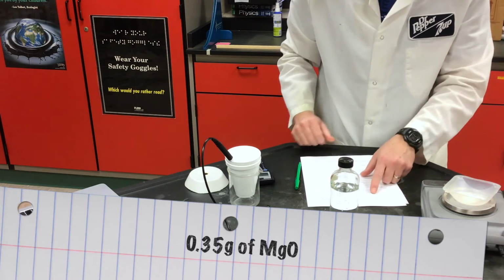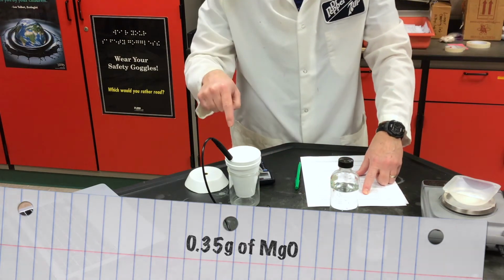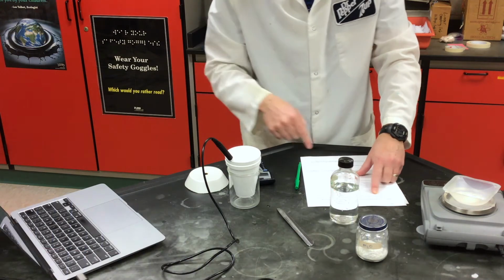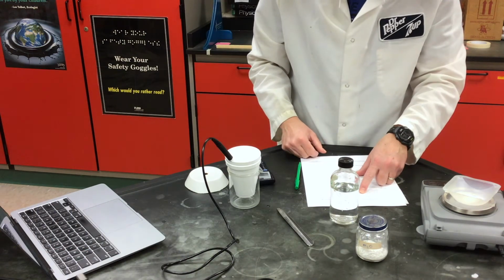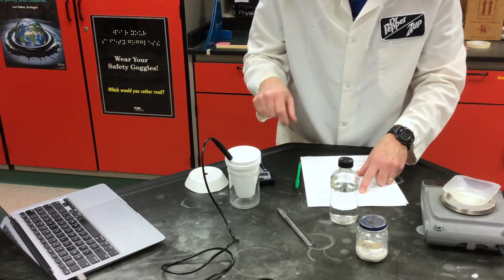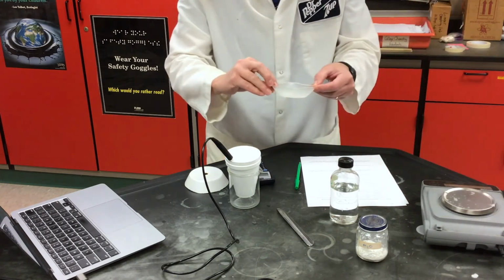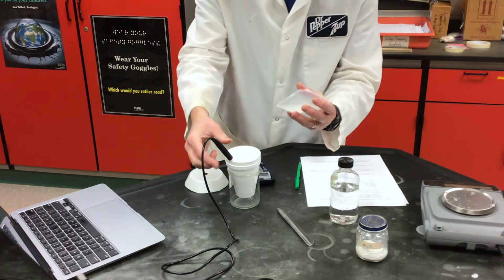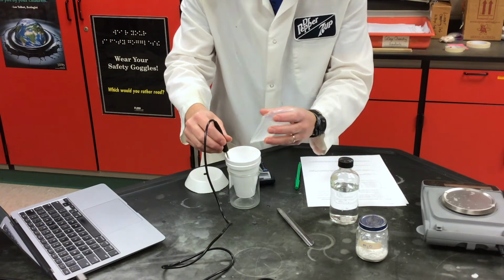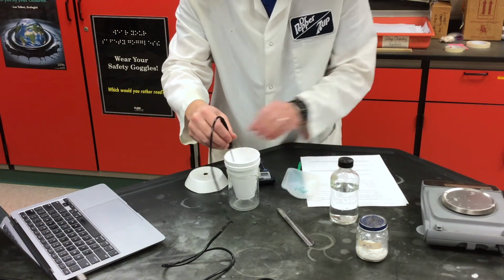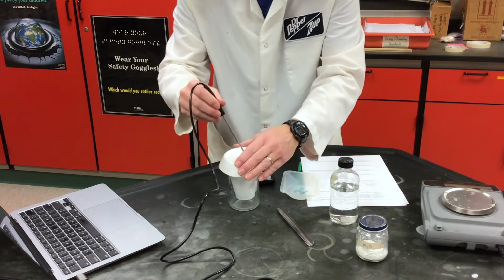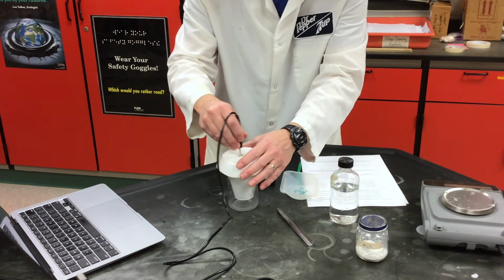Then it says transfer the magnesium oxide to the hydrochloric acid solution in the calorimeter. Then I'm going to put the lid on, and I can probably just stir with the thermometer. So here's what I'm doing. I'm taking all of this magnesium oxide and quickly putting it in my calorimeter, and then I'm going to put the temperature probe down in there.